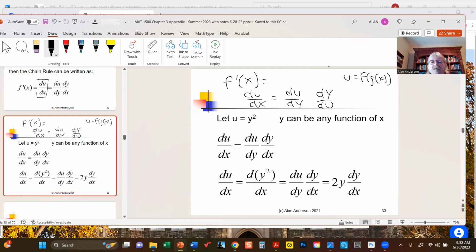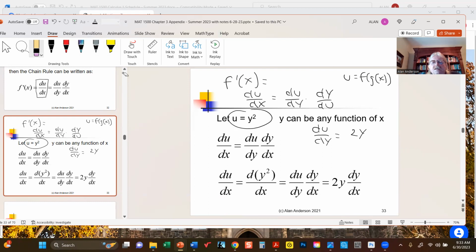All right, so because the function is y squared, u is y squared, that implies that du/dy is 2y.